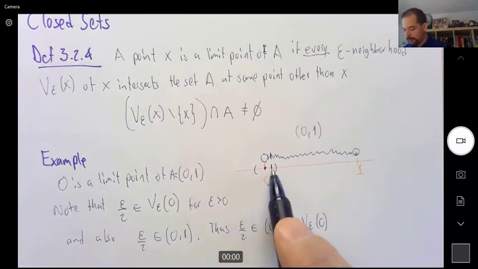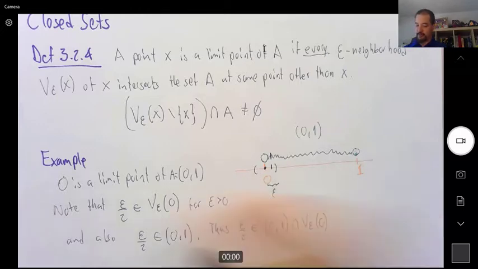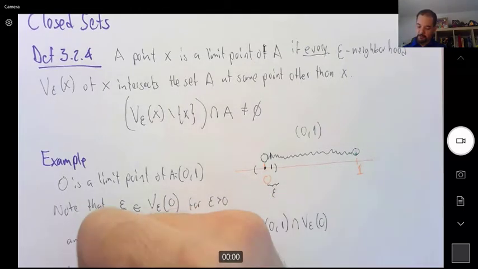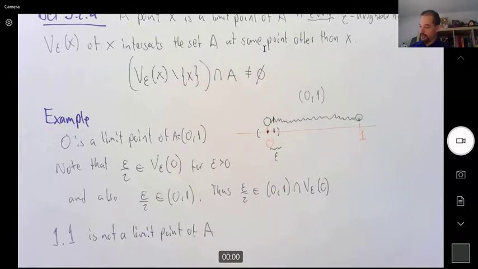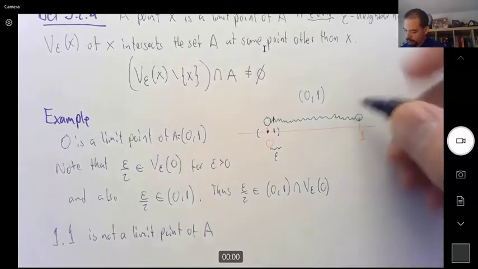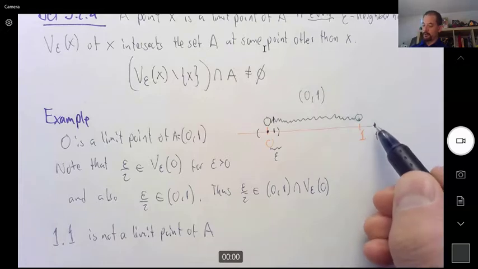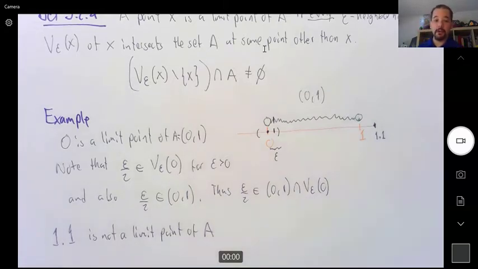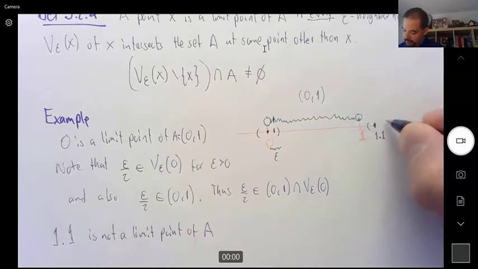So for example, 0 is a limit point, but 1.1 is not. 1.1 is not a limit point. Why not? Well, think about it. 1.1 is a little bit over here, right? Why doesn't 1.1 work? Well, because I can find an epsilon that will have no intersection. Namely, use epsilon like this big.